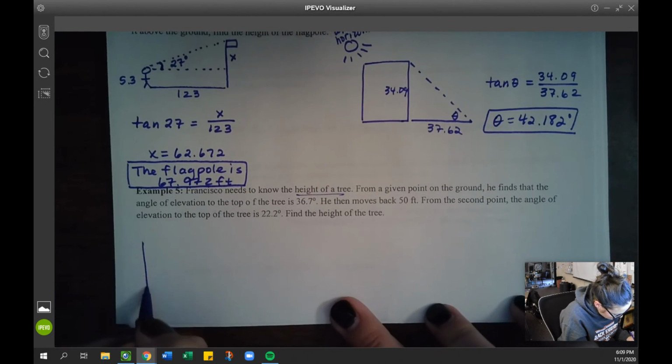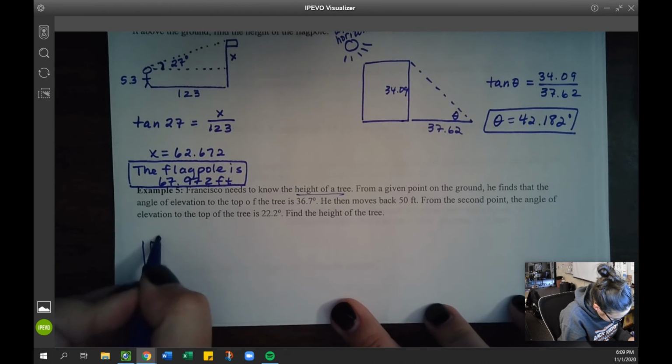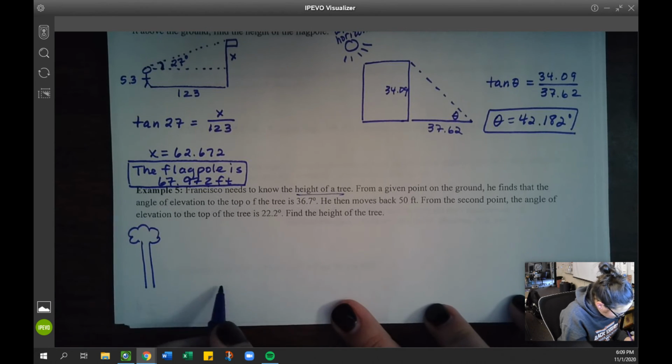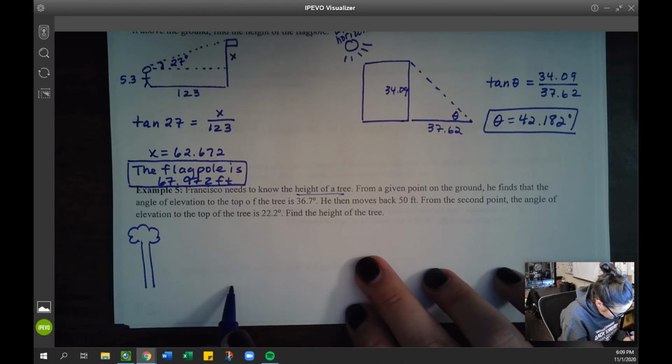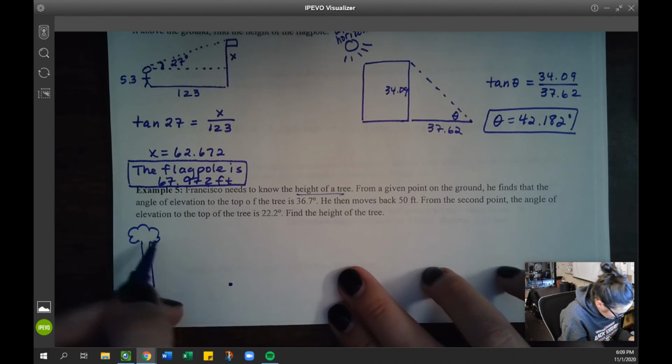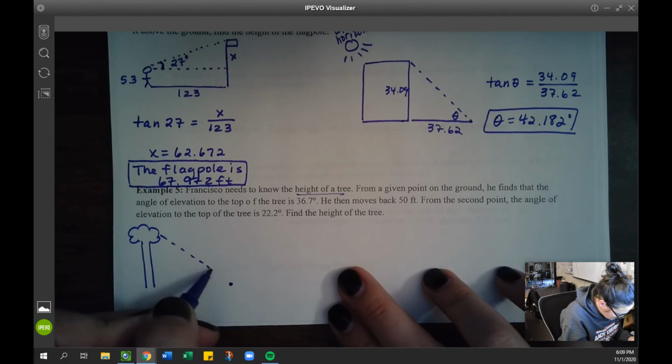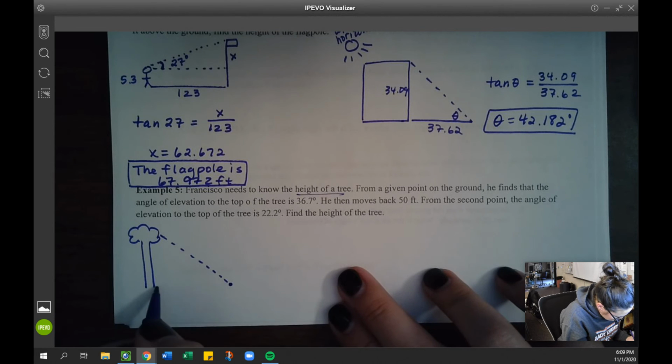So we have a tree. And when Francisco is standing at some point, the angle of elevation is 36.7 degrees.